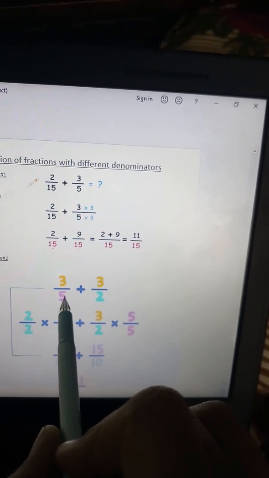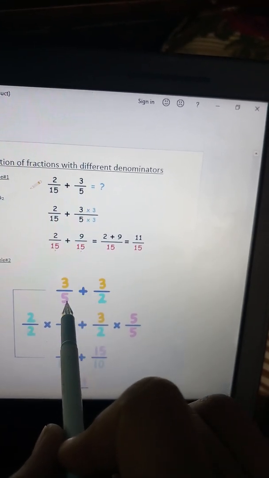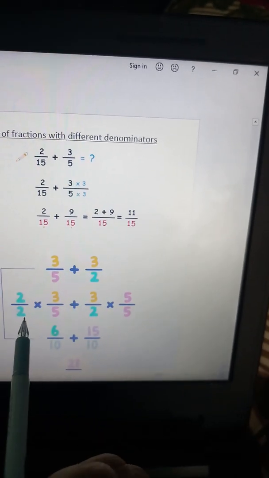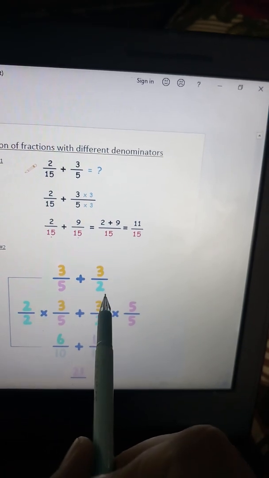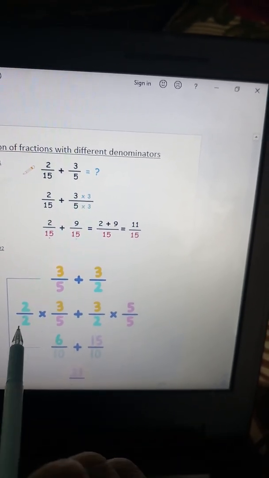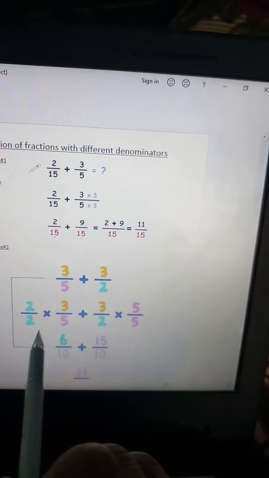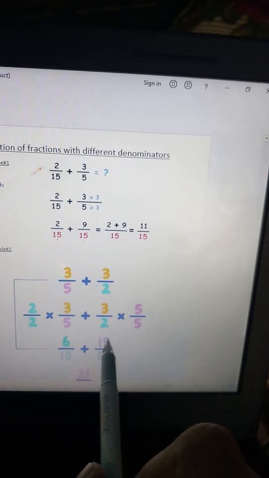Now 5 will not come in the table of 2 and 2 will not come in the table of 5. So what we can do is we will multiply this fraction by 2 and this fraction by 5. We will multiply by 2 in both denominator and numerator, and we will multiply by 5 in both numerator and denominator.